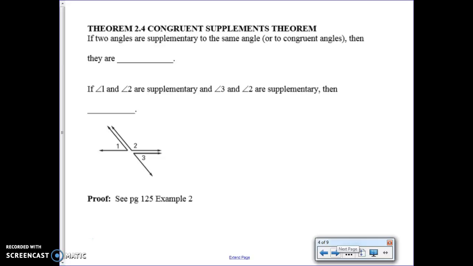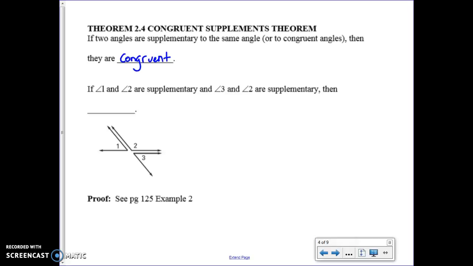Okay, so another theorem here, the congruent supplements theorem. If two angles are supplementary to the same angle or to congruent angles, then they are congruent. So I think this will make a little more sense if you're looking at a picture.